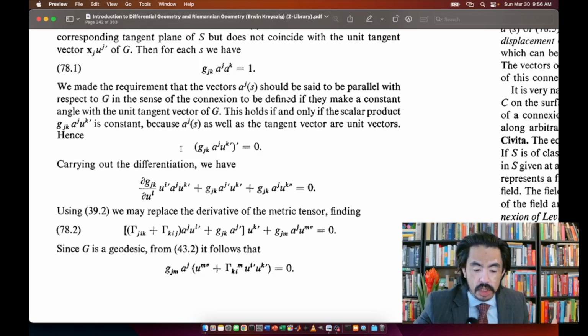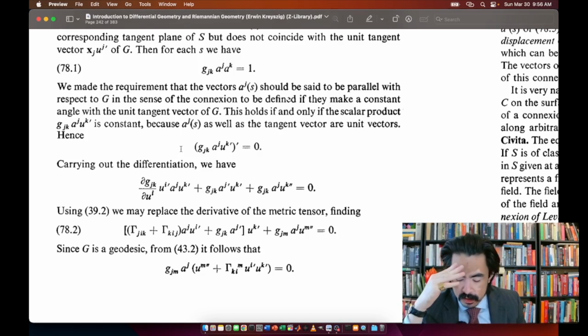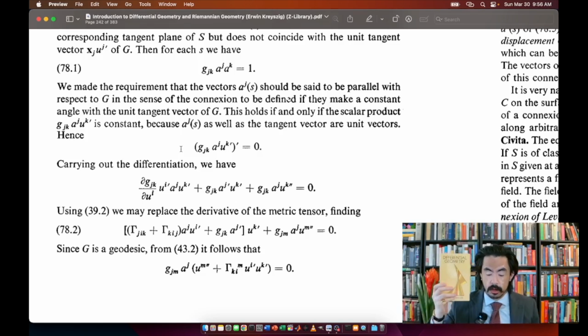And since capital G is a geodesic, then from the relation we're looking for here, because this is the same as, I have notes from section 76 of the differential geometry book. This is another alignment issue here.